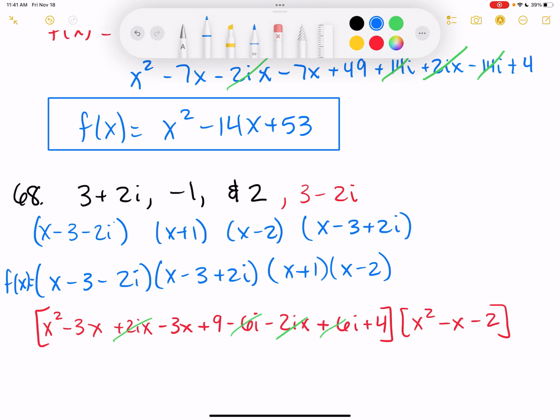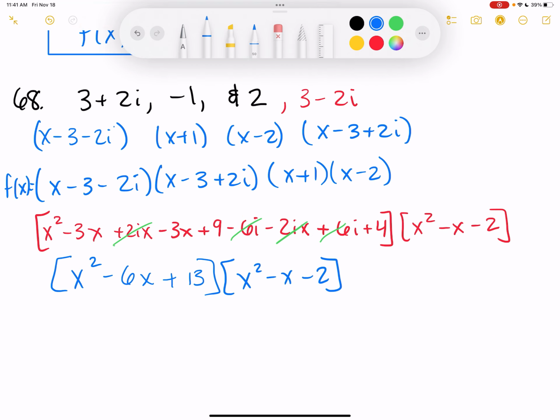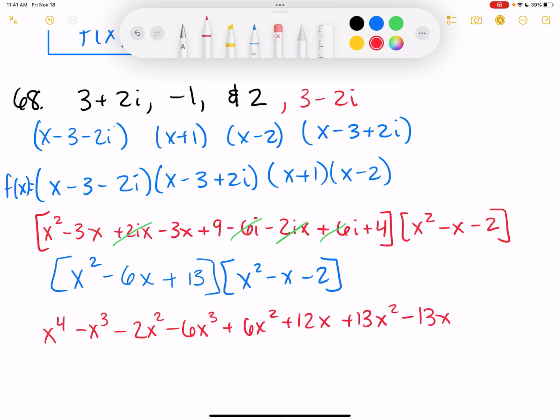So we have x squared minus 6x plus 13, and that's getting multiplied by x squared minus x minus 2. So then superfoil again. x to the 4th minus x cubed minus 2x squared minus 6x cubed plus 6x squared plus 12x plus 13x squared minus 13x minus 26.